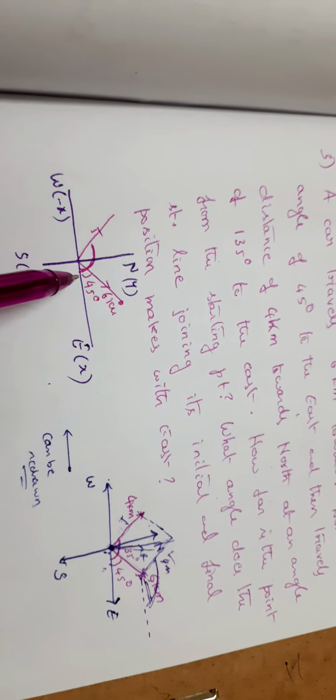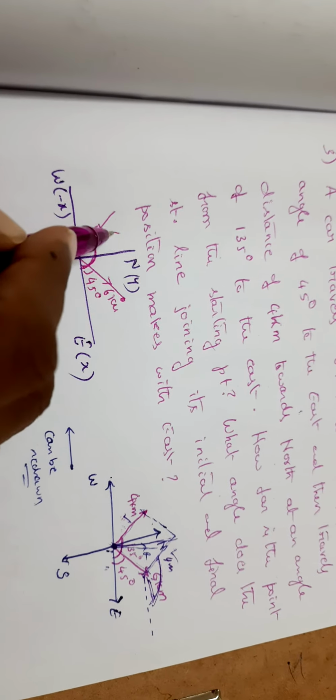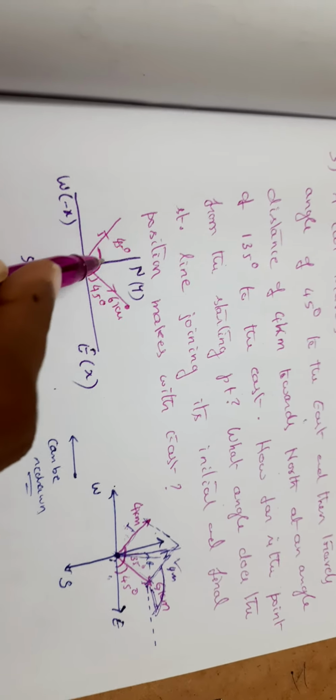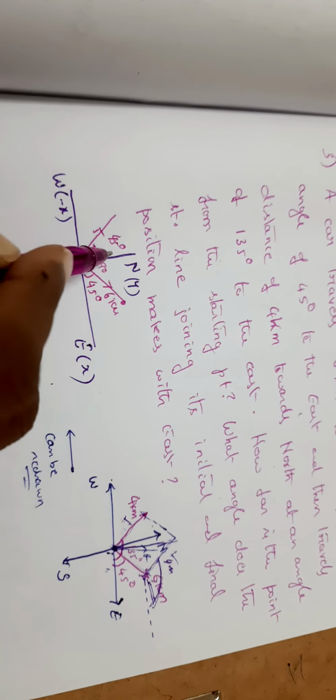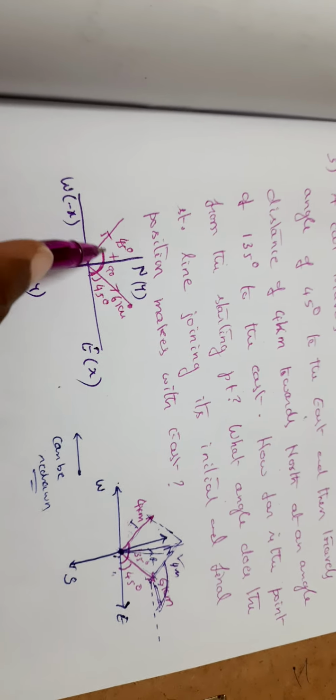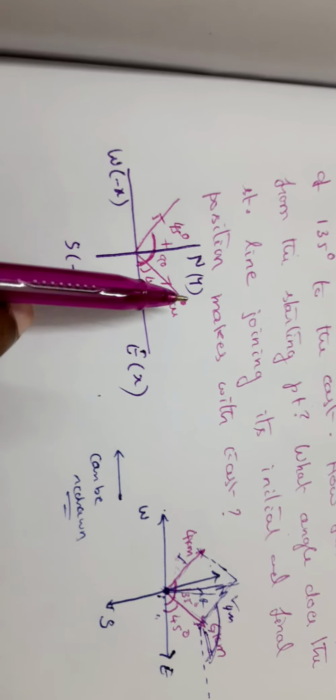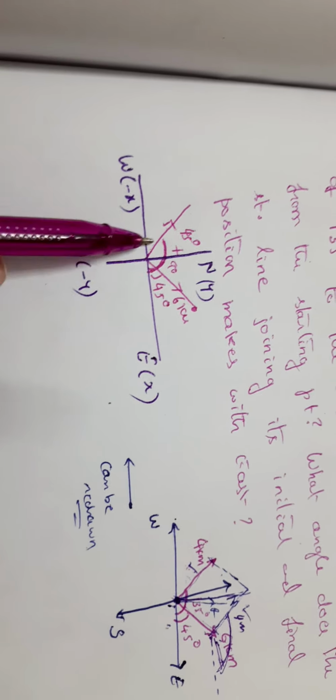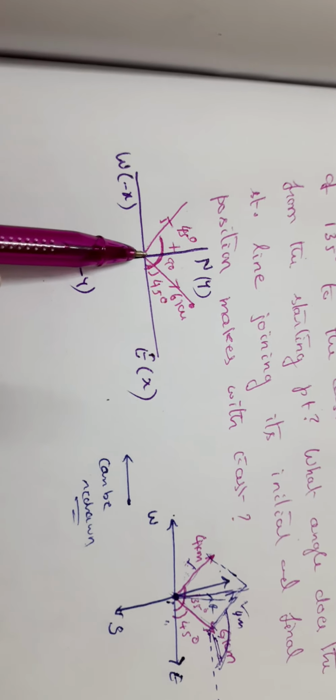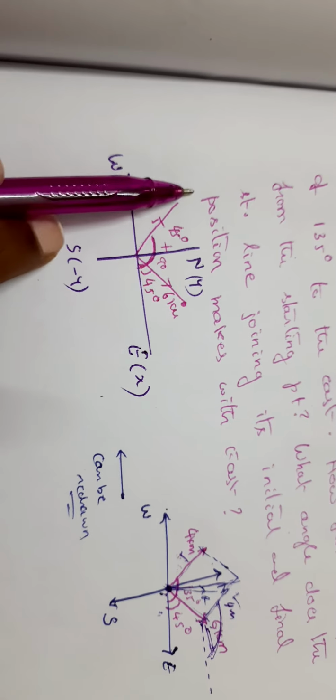Already 90 is here, and now it is 45. 90 plus 45 together is 135. Now see how the two vectors are. This is one vector. This is another vector.